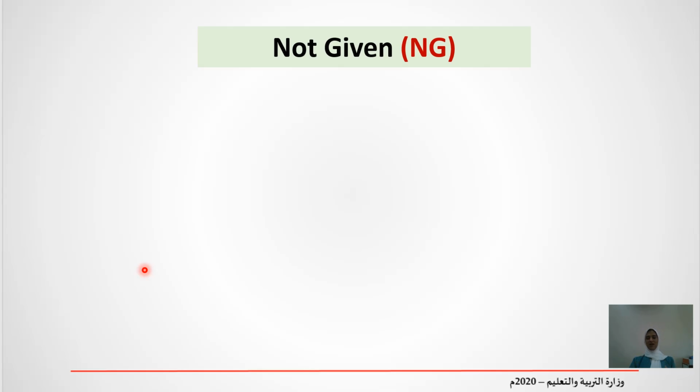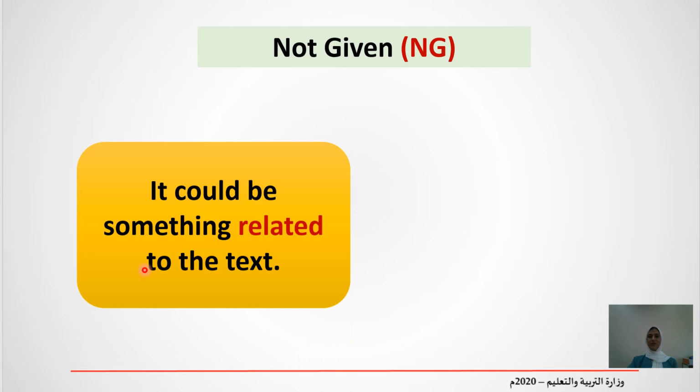Now to talk more about not given, since students confuse it and it's new to them: for not given statements or sentences, it could actually be something related to the text, because we as teachers, we as examiners, like to write sentences that confuse you. So we could talk about something that is related to the topic of the text. It's just that the information is not there at all.